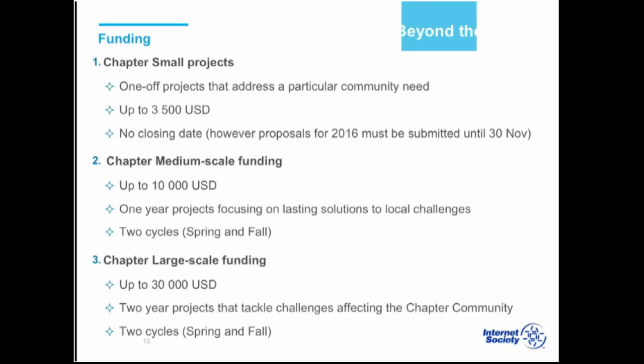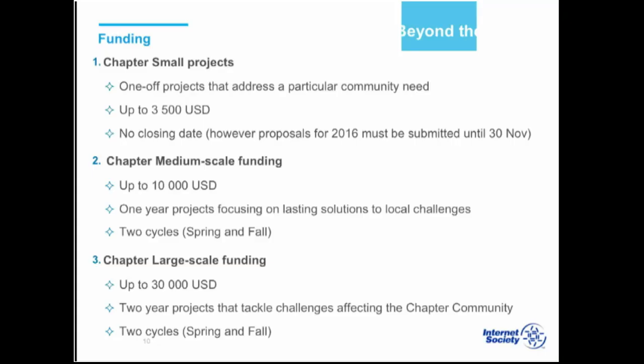They tackle challenges affecting the chapter community at the local level, but also at the national level. And we also include in this type multi-chapter projects, where chapters are working together.